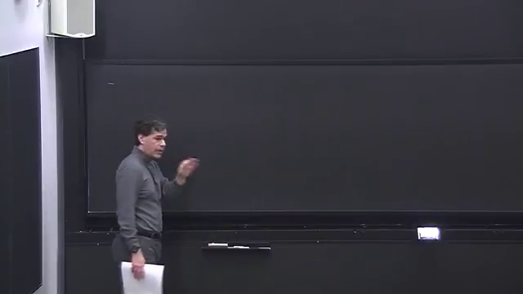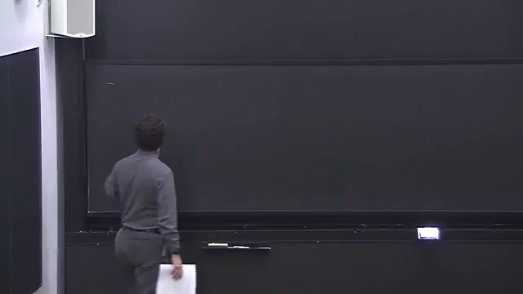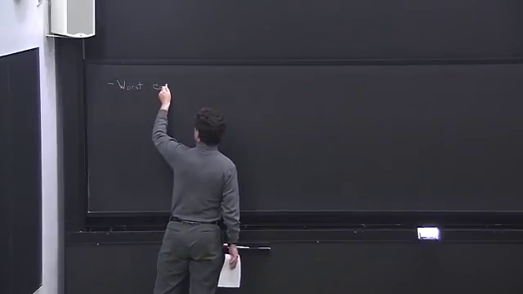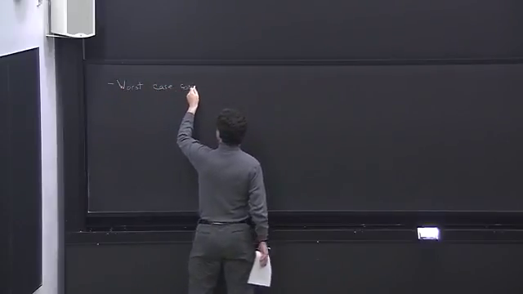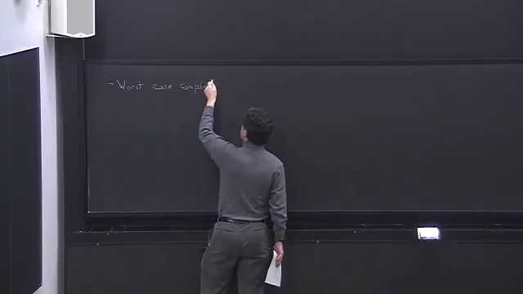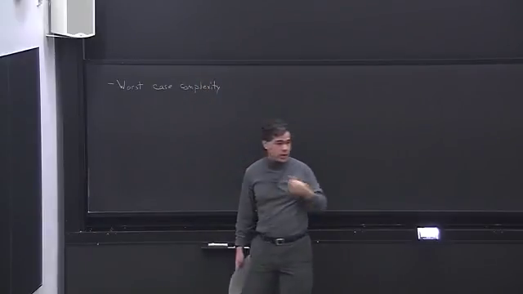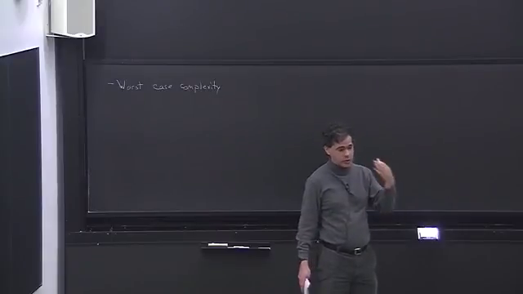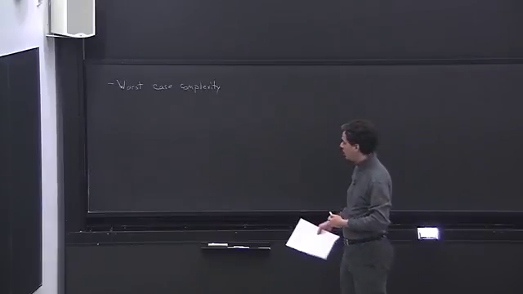But what I'm going to be talking about is the worst case complexity. People do talk about other things, but this is the most common, and average case complexity can be complicated.